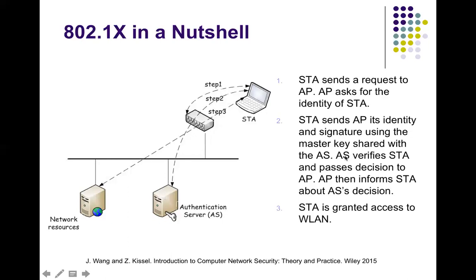Then AS verifies the name and password, and sends back to AP whether this STA is legitimate or not. And then the AP informs STA, and if STA is legitimate, then STA is allowed connection with the AP.